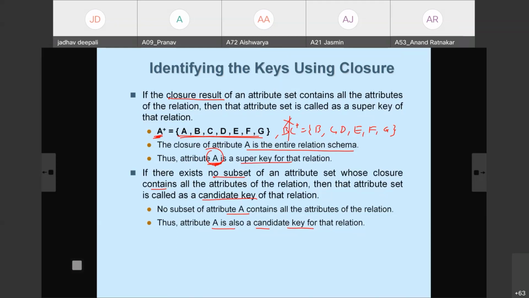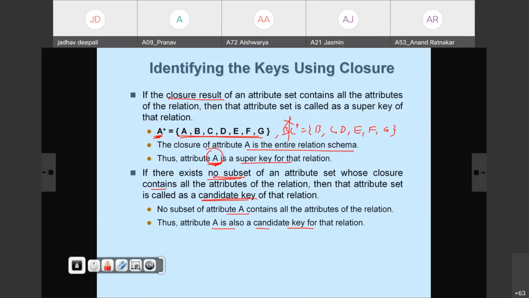Once we got the super key, if there exists no subset of an attribute set whose closure contains all attributes of the relation, then that attribute set is called a candidate key of that relation. No subset of attribute A contains all the attributes of the relation, so A is also a candidate key.